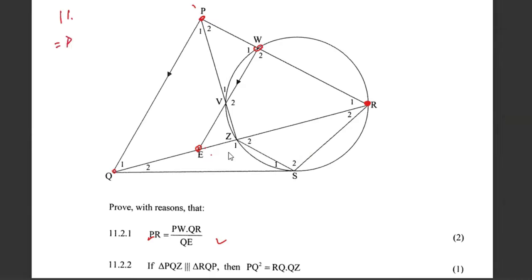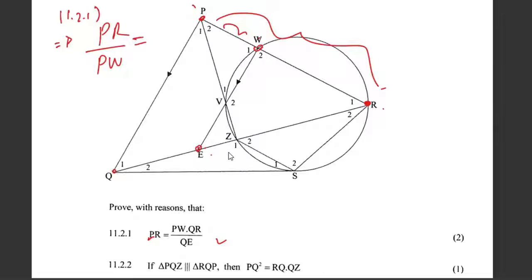So what are we going to do? 11.2.1, I'll say that if I have my PR divided by my PW should be the same as QR divided by the QE. Reason, similar triangles.